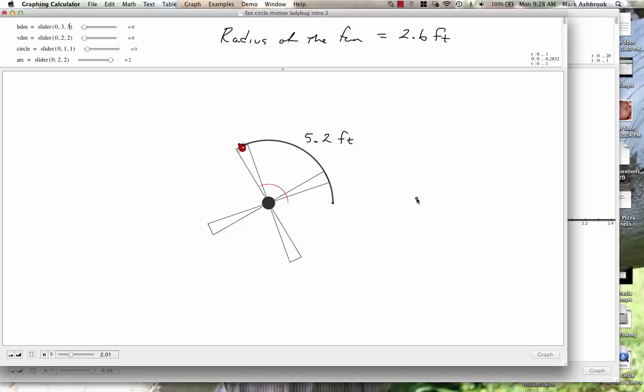So I want you to talk with the person next to you. How many radians did the fan sweep out and why? Okay, how many radians did the fan sweep out and why? Go talk to the person next to you.